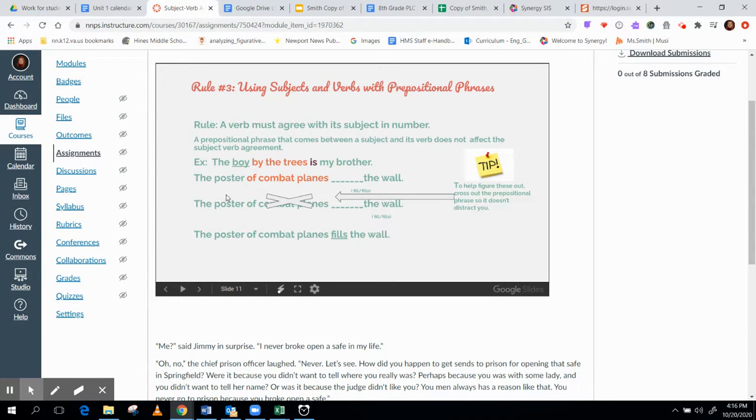Now my sentence reads, the poster blank the wall. Is it fill or fills? Well, I have one poster, so that's a singular subject. So I need a verb that does have an S at the end of it. So the poster fills the wall. And now I have a complete sentence. The poster of combat planes fills the wall.